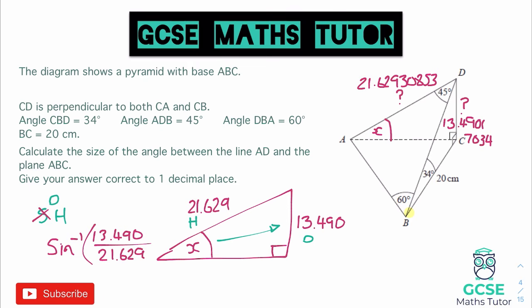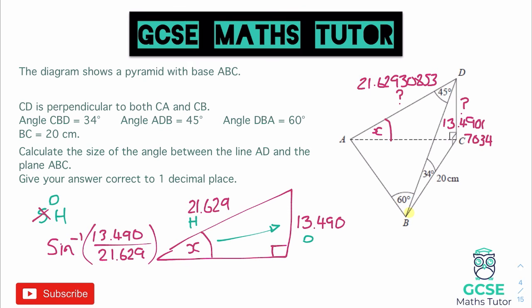21.629. Right, so typing that into your calculator to get that, shift sine, press the fraction button, 13.490, and again, I'm going to put the whole decimal in, so 17034 over 21.629, 30853. There we go.